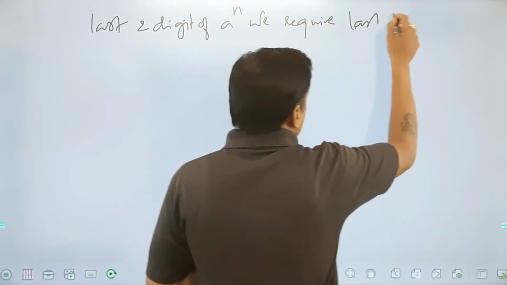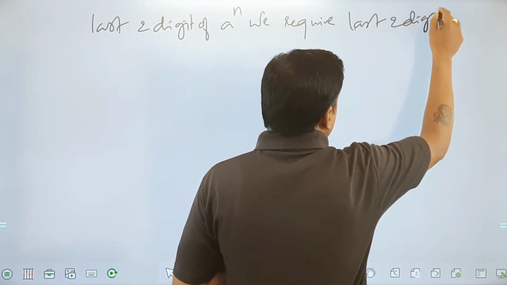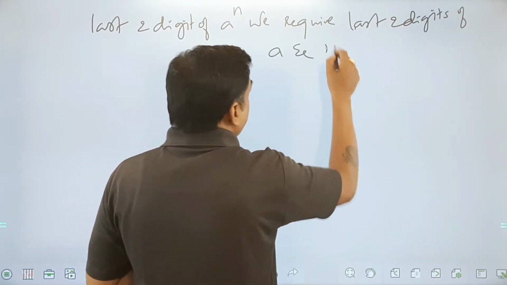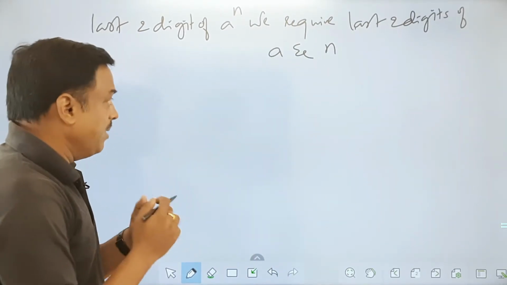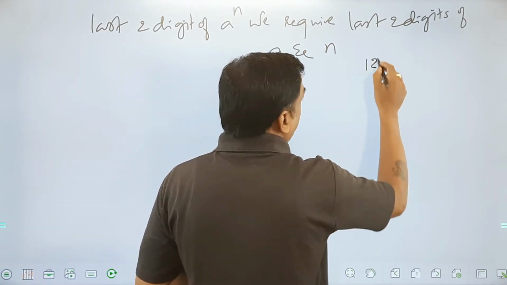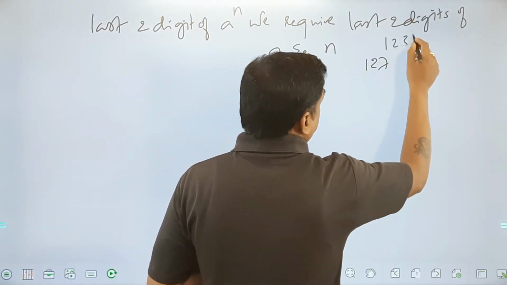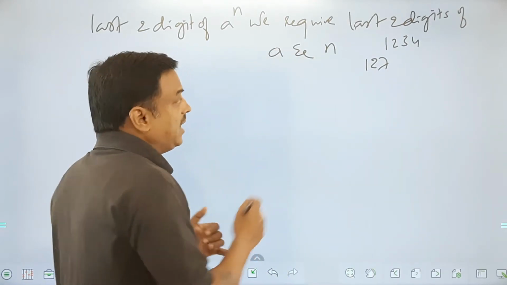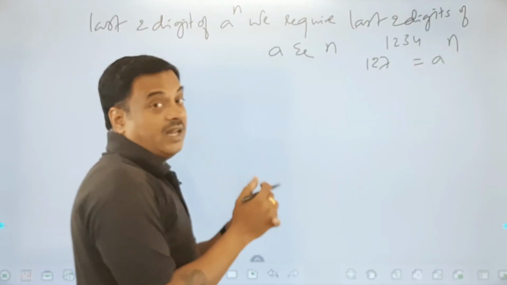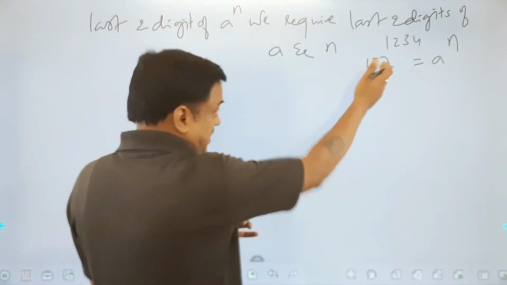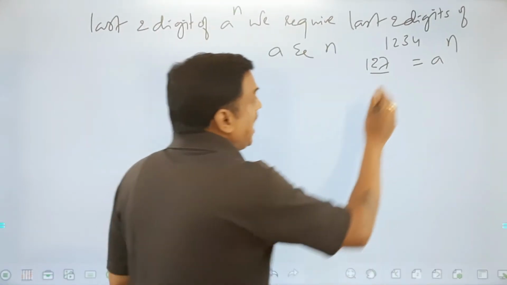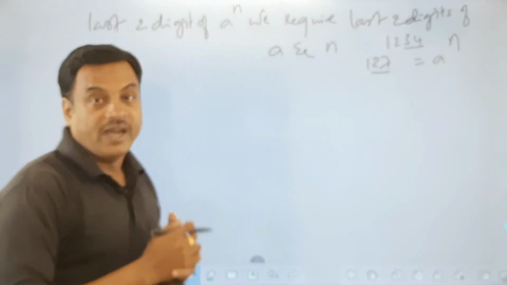last two digits of a and n. I'll give an example so that it can be understood easily. 127 to the power of 1, 2, 3, 4 is given to me. If I compare this with a to the power of n, to find the last two digits of this number, I just need the last two digits of a and the last two digits of n.